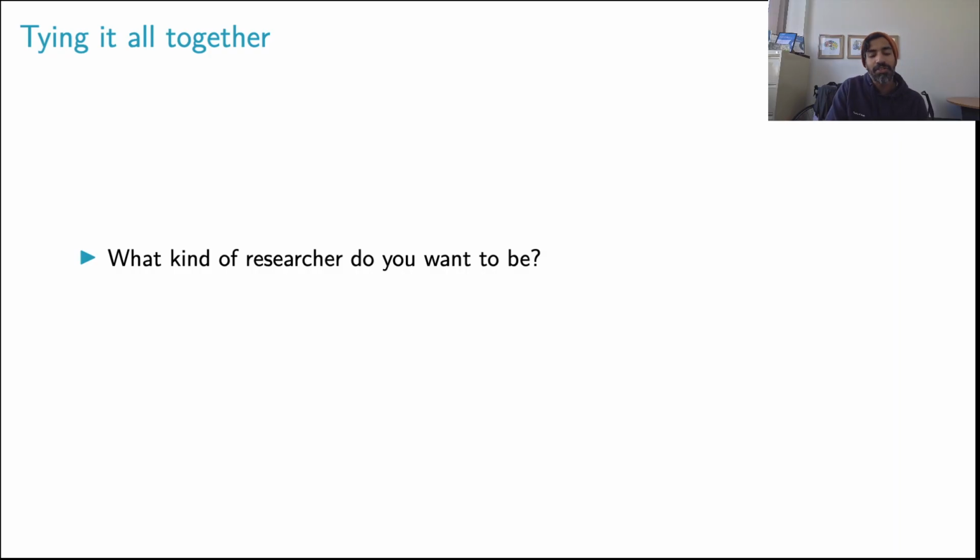And so, tying it all together, I think the big question from all of this, having gone through so much research together, is thinking to yourself, well, with this power comes what responsibility, and what sort of responsibility do I instill upon myself as a researcher, and what kind of researcher do you want to be? There are really a lot of ways in which we attribute our values in research.